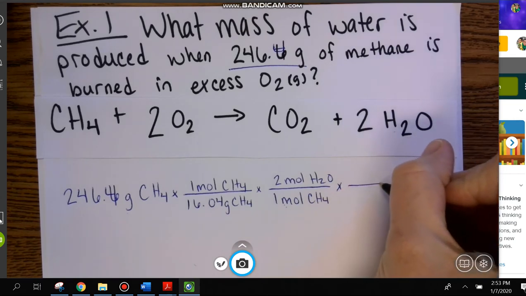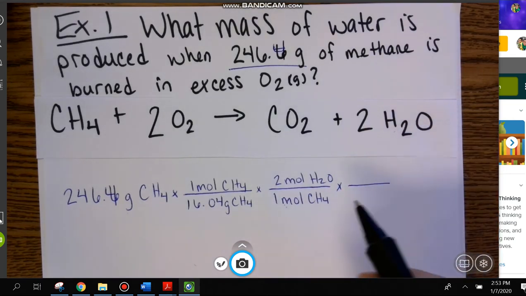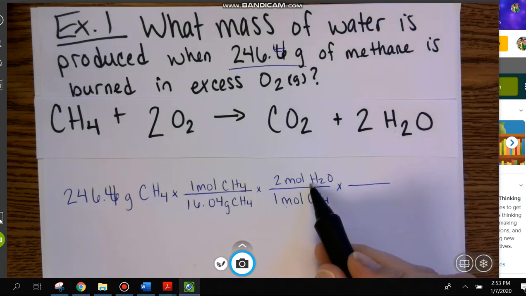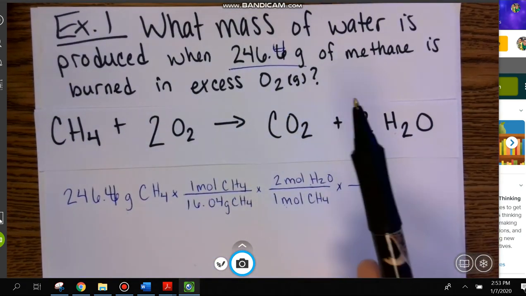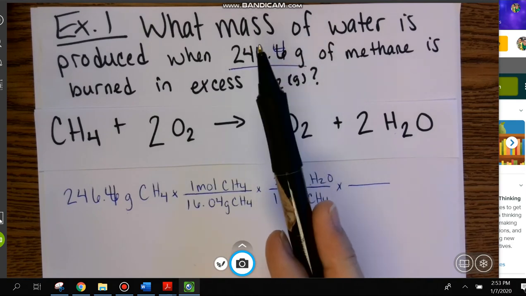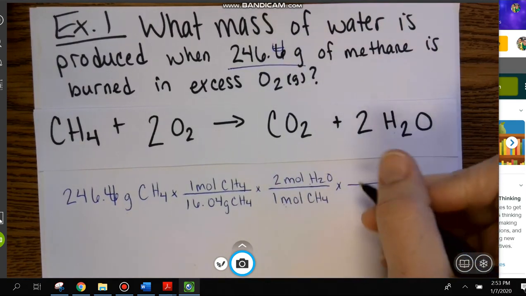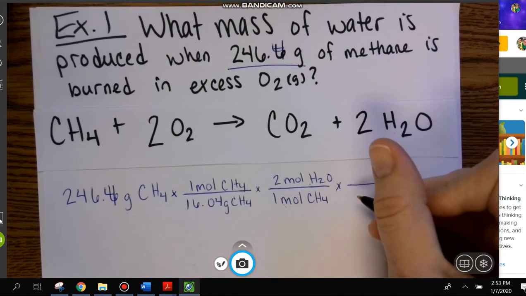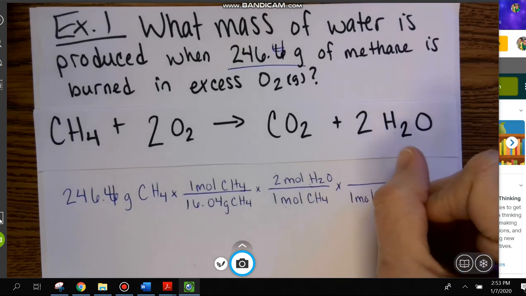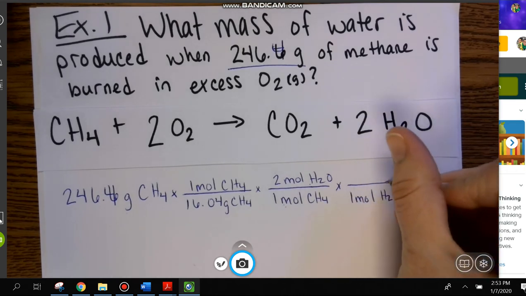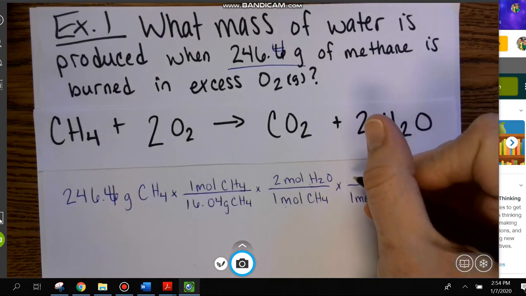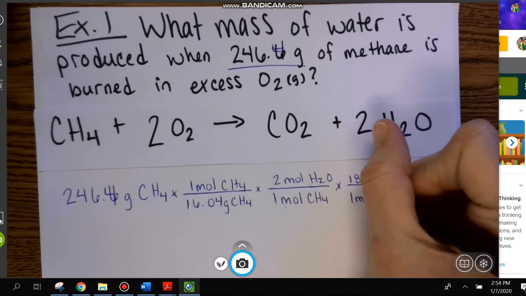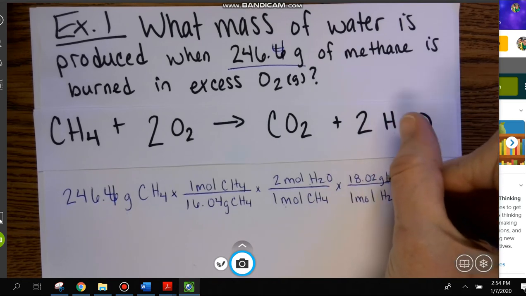Continuing on, I'm trying to convert from moles of water to grams of water because my question asks me how many grams, what is the mass of water? So I want to go to the mass of water. So for every 1 mole of water, and again, I'm going to use my molar mass here, and I know that my molar mass of water is 18.02 grams.